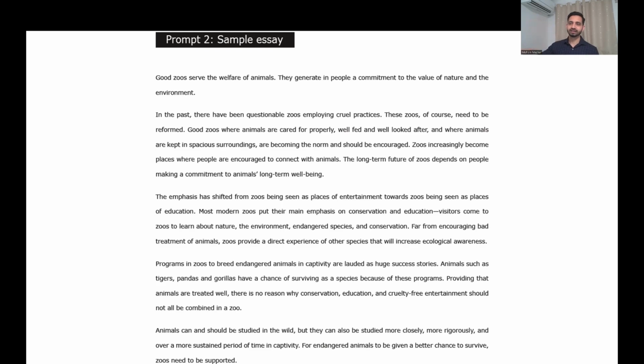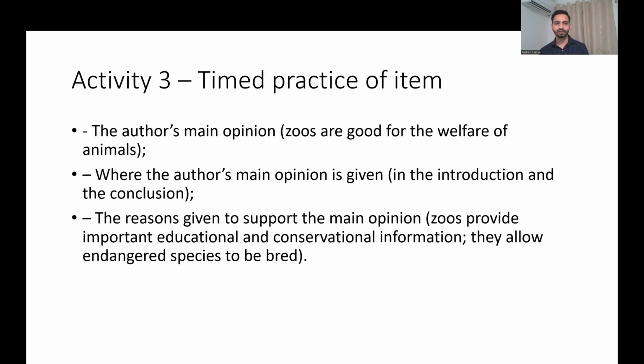And in the conclusion, you paraphrased and talked about the other opinion in contrast with your opinion, and in your last sentence you made it very clear what your opinion was, which is to protect animals in the zoos because they have a better survival chance.